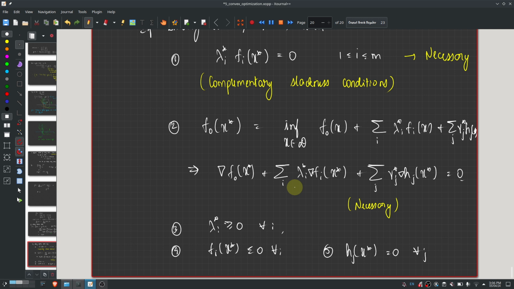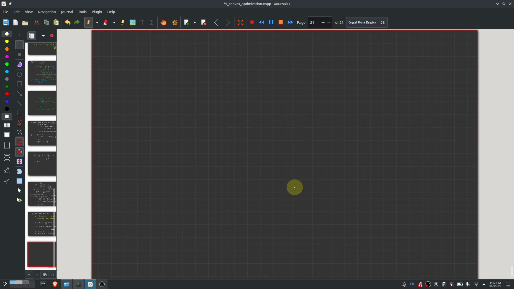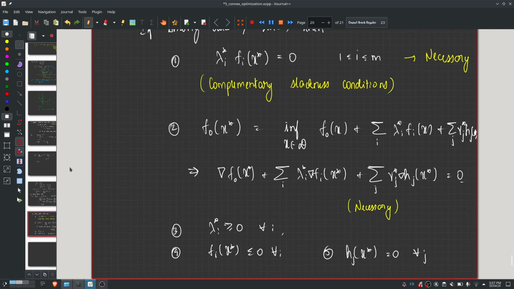Any other questions? Okay, so that gives us the KKT conditions, which gives us a way of analytically trying to find the minimum.